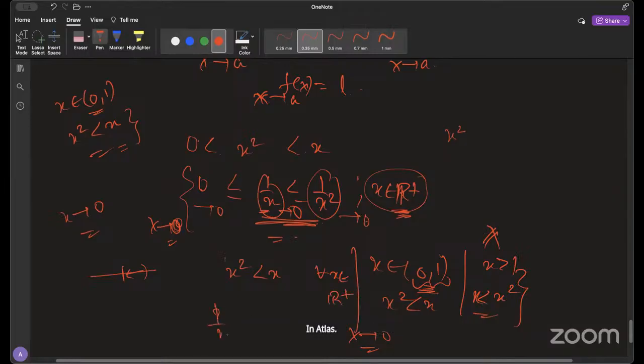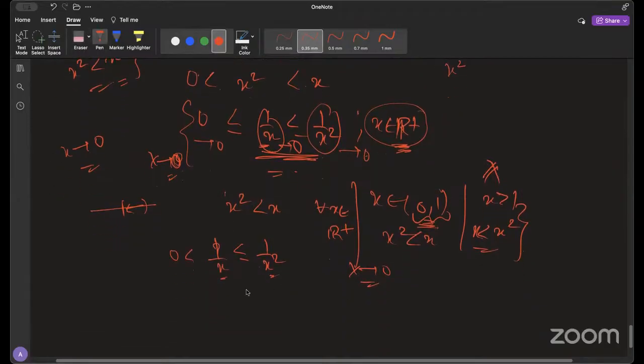So 1 by x is going to be less than 1 by x square. And obviously both of these are positive, so this is going to be greater than 0. Is this okay? Is this clear?